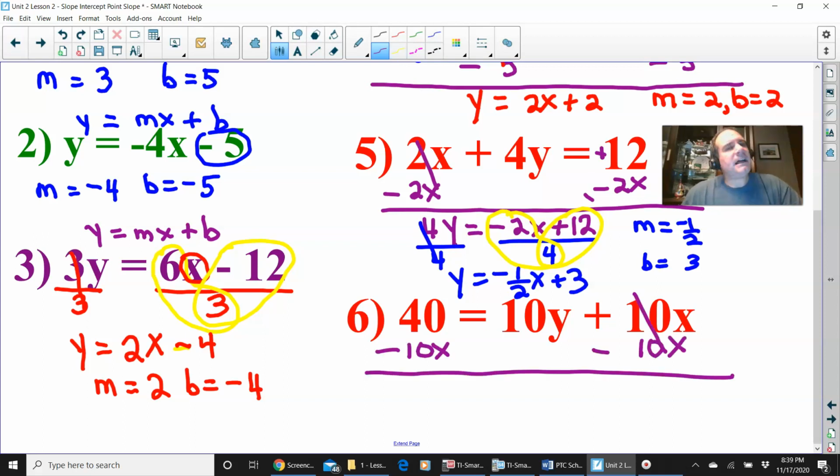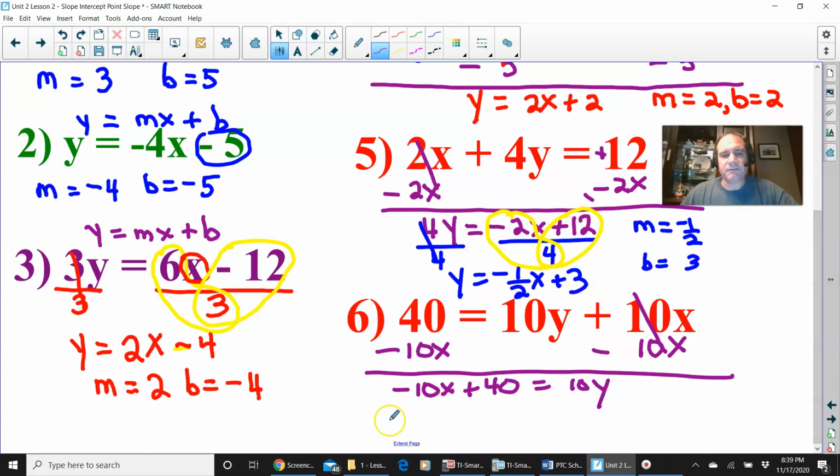So the first thing that I did was subtract 10x from both sides, and then, listen, you could put it any way. You could do 40 minus 10x, or you could do negative 10x plus 40 equals 10y.